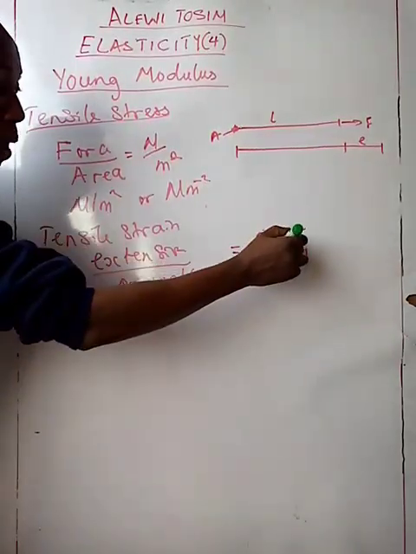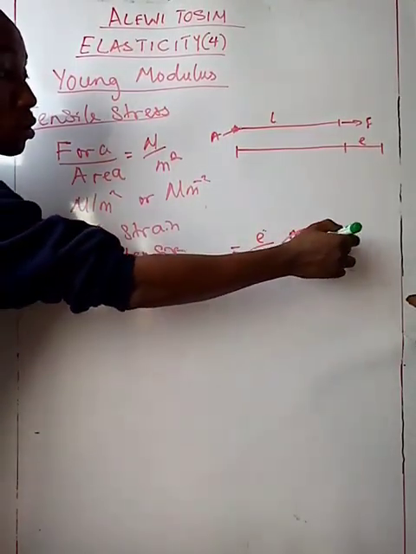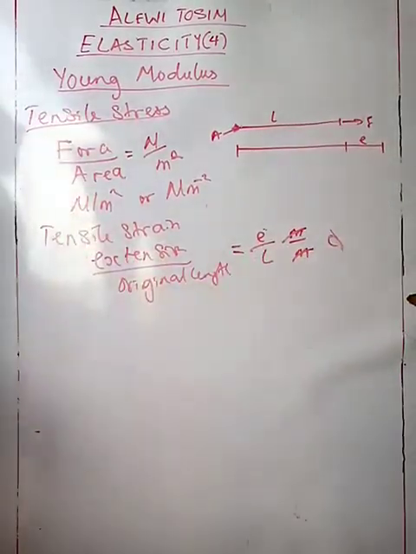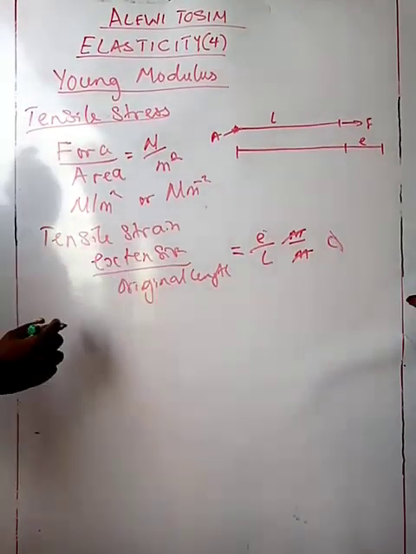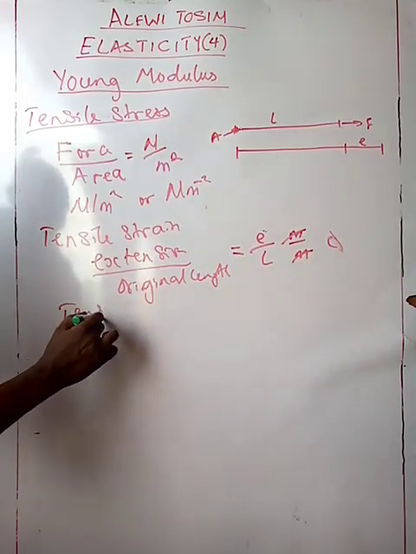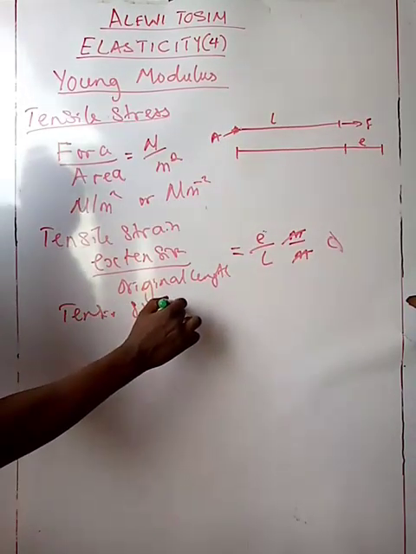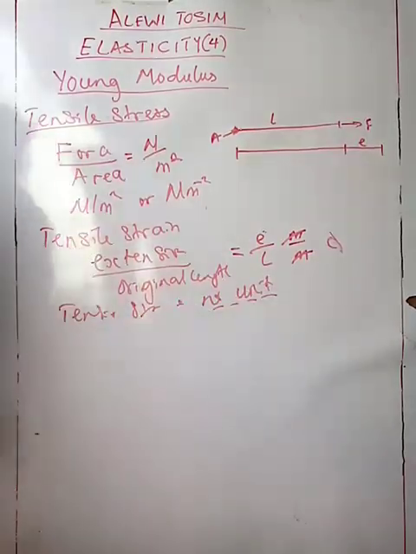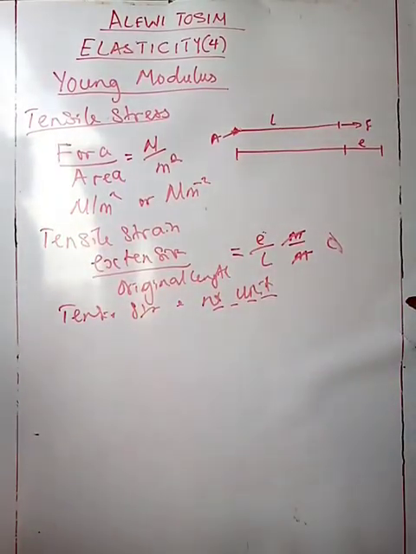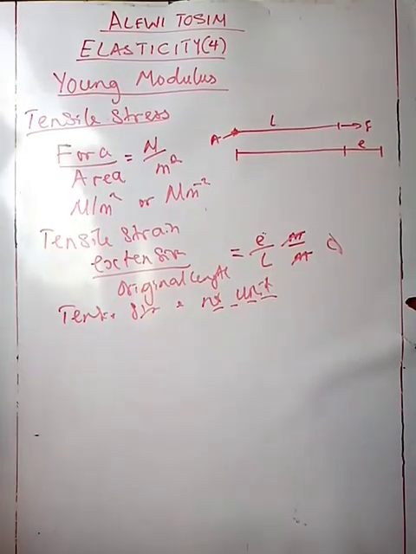So when meter cancels meter, we have nothing, as we have 1, which means there is no unit. So have it in your brain that tensile strain has no unit.